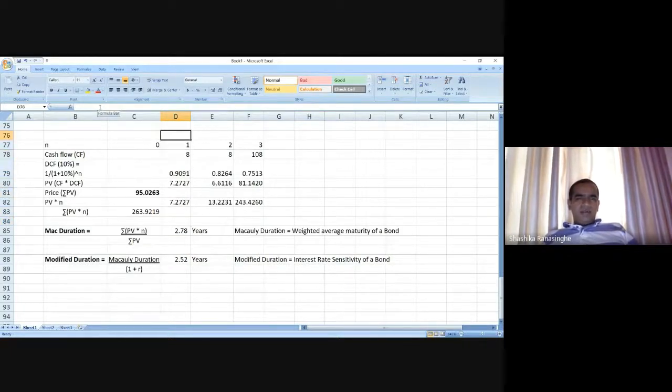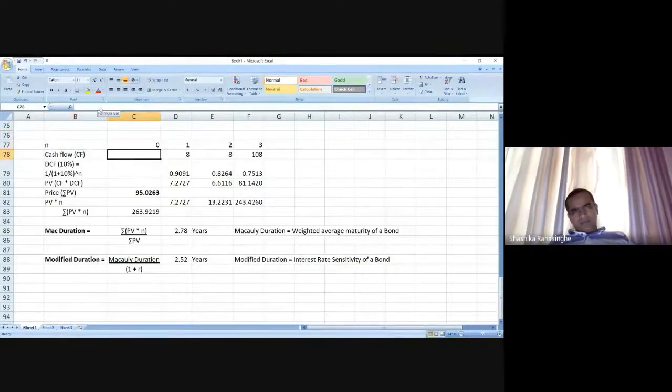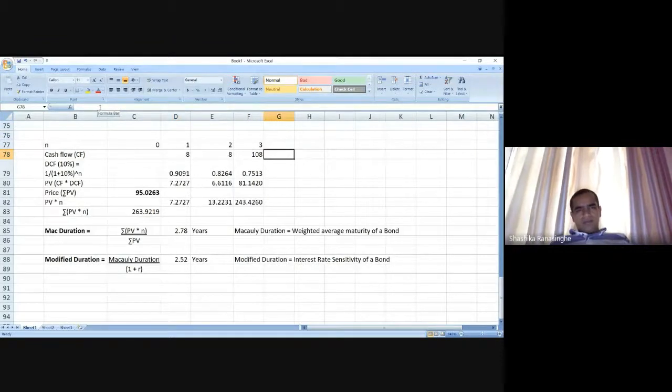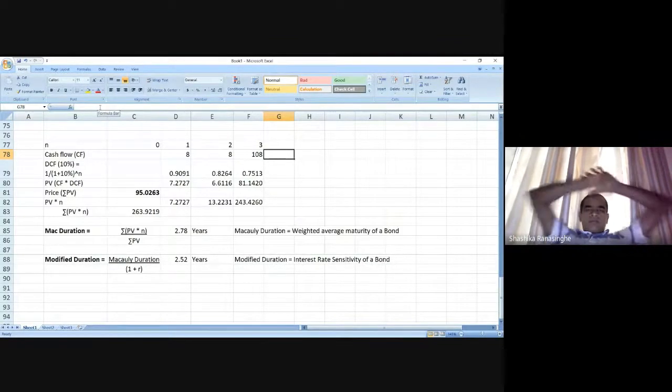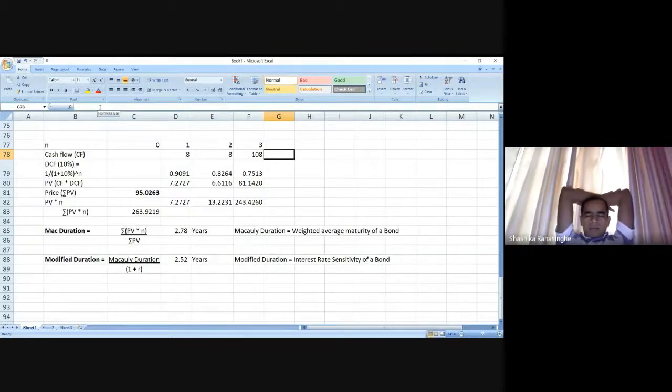And the fourth one would be duration can either be more or less than maturity. What will be your answer?